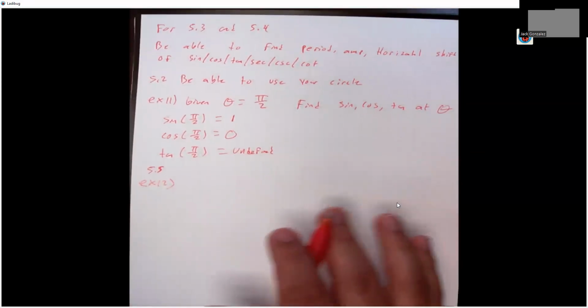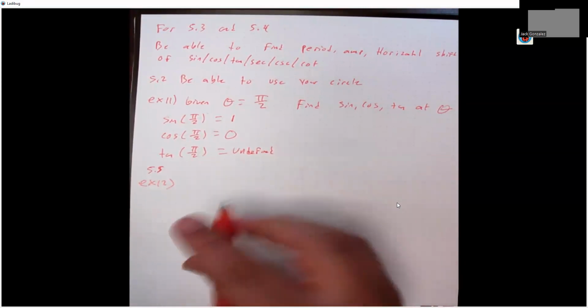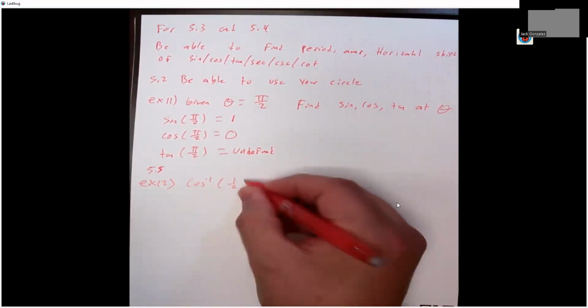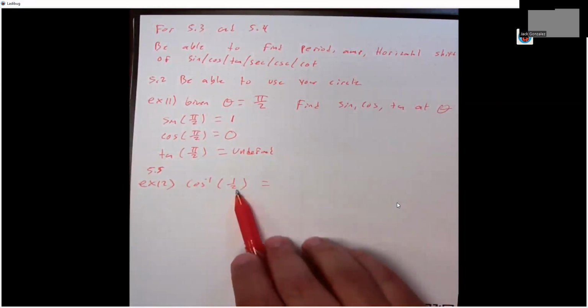Example 12: cosine inverse of 1/2. So now it's the opposite, right? Which angle has a cosine value, or x value, of 1/2?